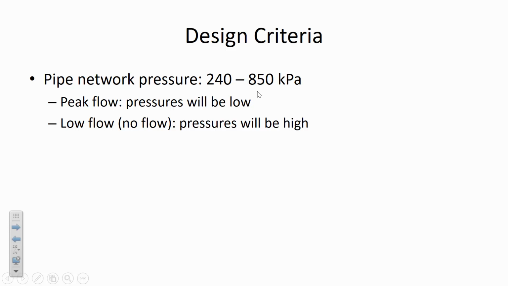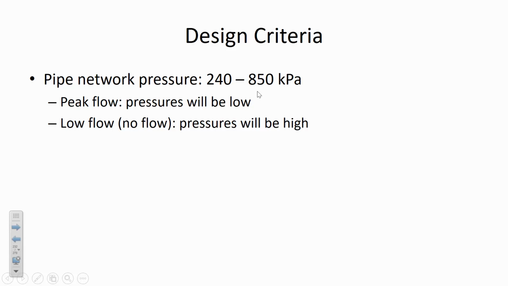You have to design this pipe network and analyze it at two different conditions. You want to see what's going to happen to this pipe network when there's zero flow. Because when there's low flow rates or no flow, like in the middle of the night, when the pipe network doesn't really have any demand coming out of it, it's just going to be the static pressure. And remember that what's pressurizing this network is that up on a hill is a tank.